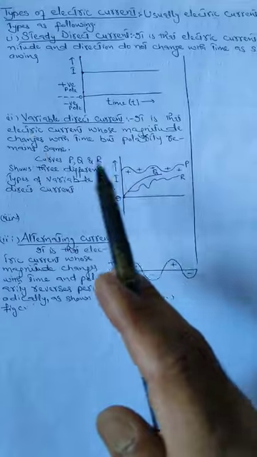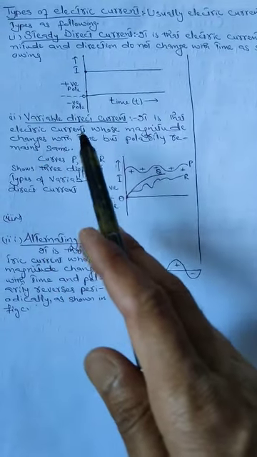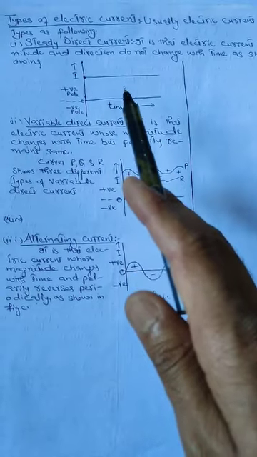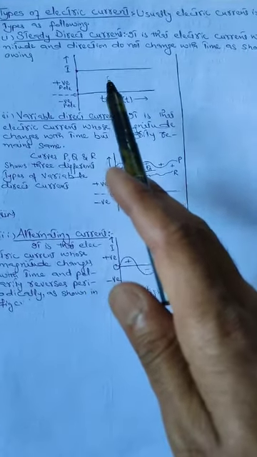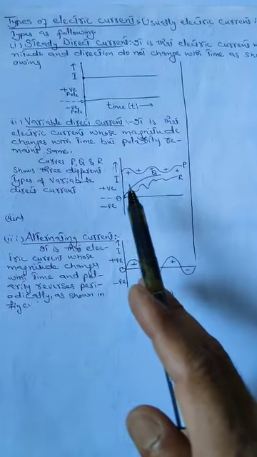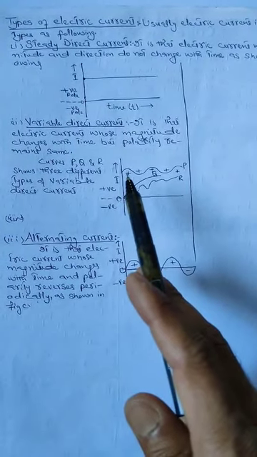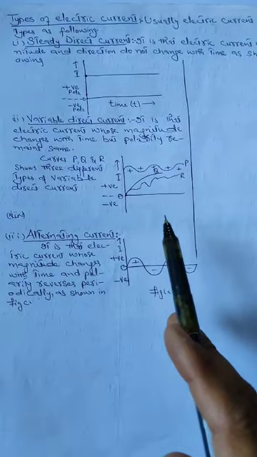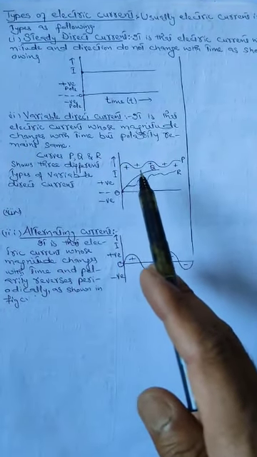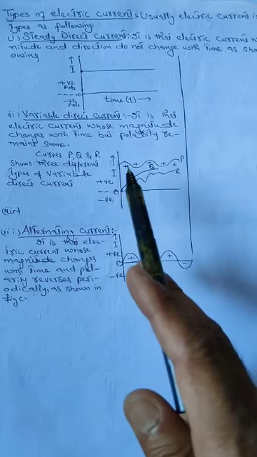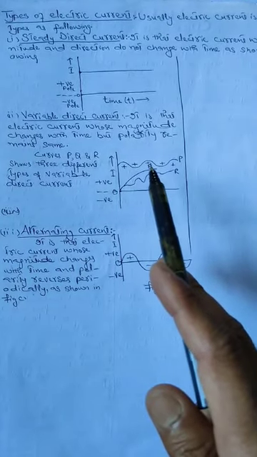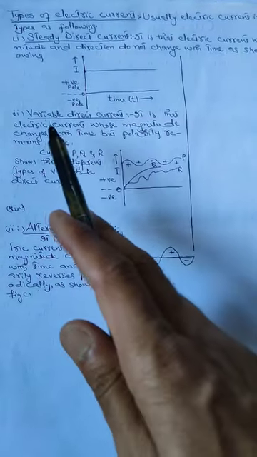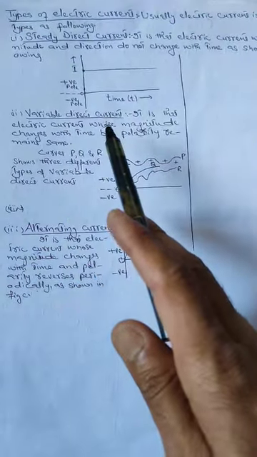So this is variable direct current. This is also direct current, but the steady one is that whose magnitude doesn't change. Here positive is positive, negative is negative, but there is a change in magnitude. So when there is a change in magnitude of the current, but the polarity remains the same, we call this current variable direct current.